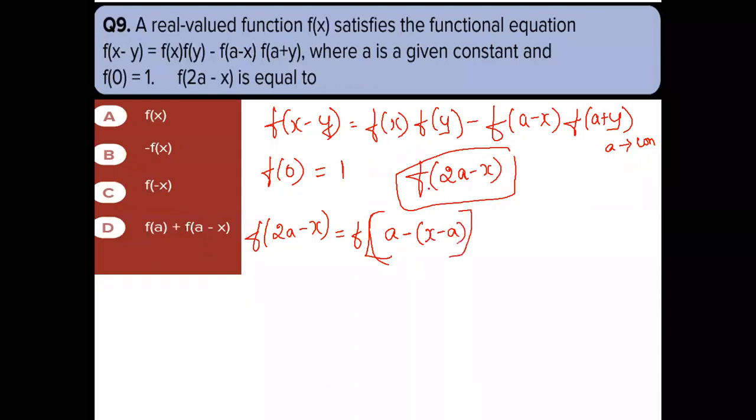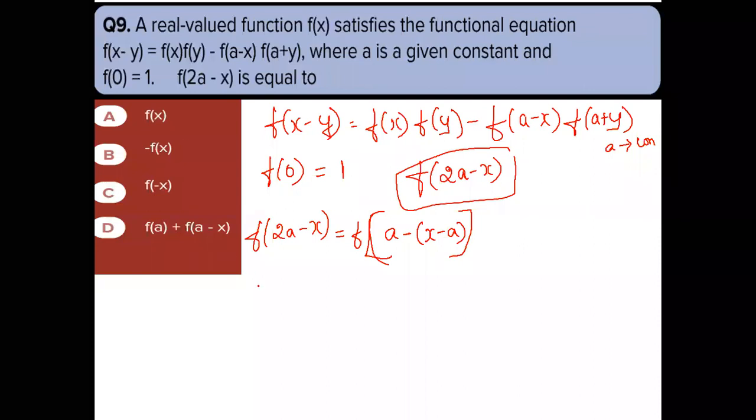Can I split it in this form? Will I get the same answer? Okay, someone is giving me the answer also. If it is f of minus x, option C is not the correct answer. Option B, yes, good. Athiya, option B is correct. Dikshita, option B is correct.